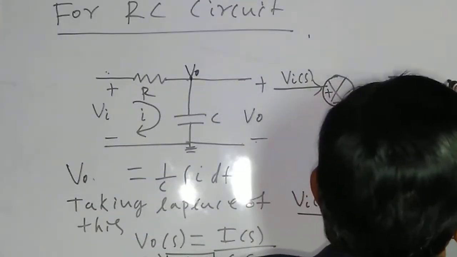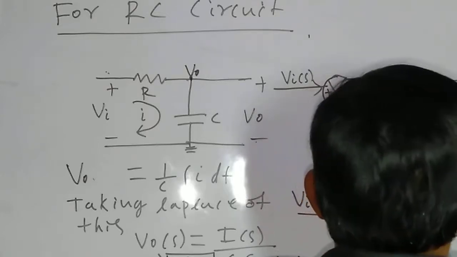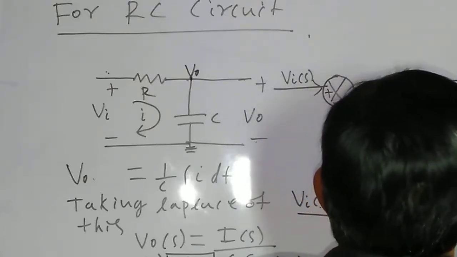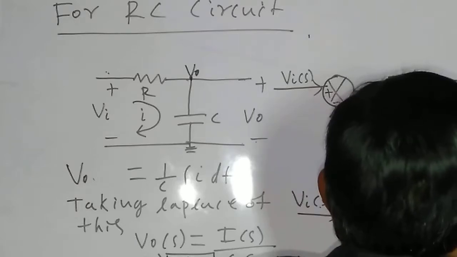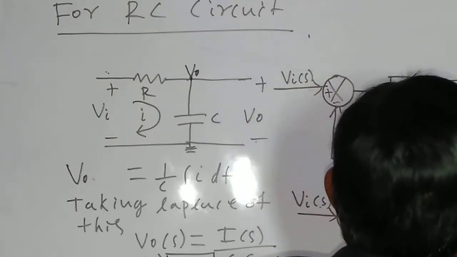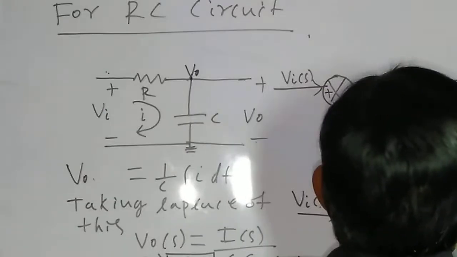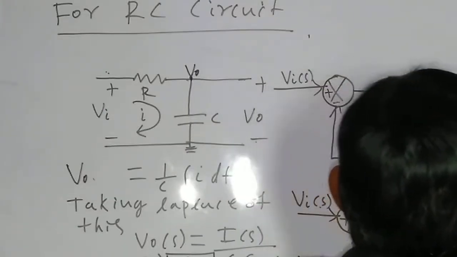So draw another block diagram, that is 1 by Cs. This is your V naught of s. Therefore this is I of s.